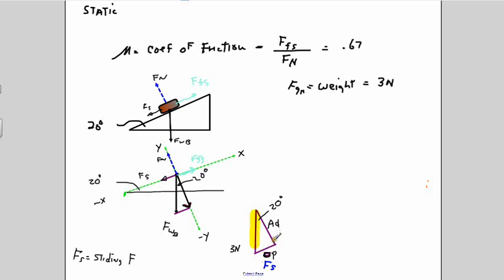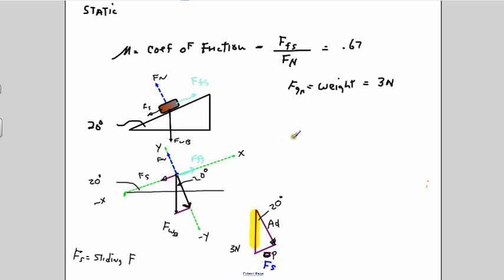And if we know what the adjacent side is right here, this guy pulling down, then we will know what the force normal is because it's the opposite. Remember, this block is not sliding, falling through the ramp, so it must be staying still. So let's see if we can find out what the adjacent is.